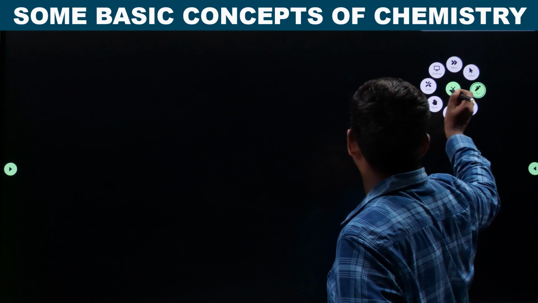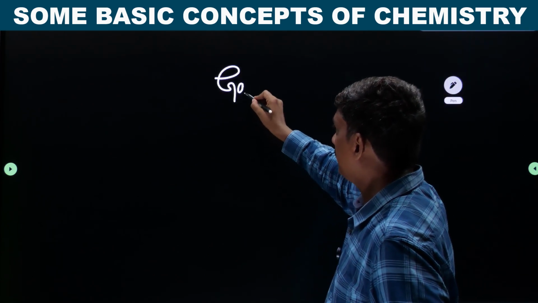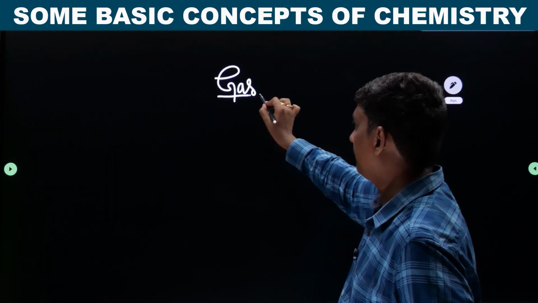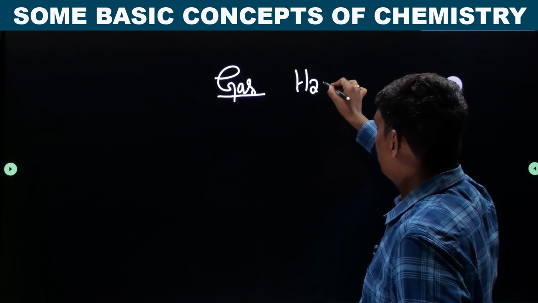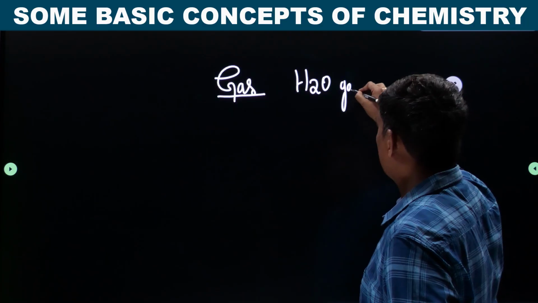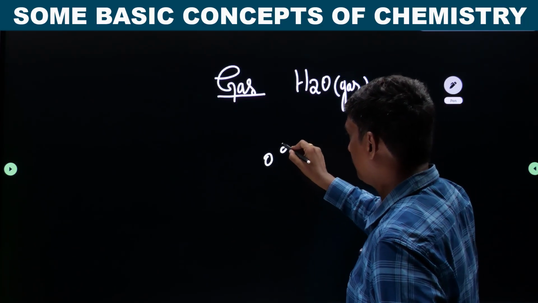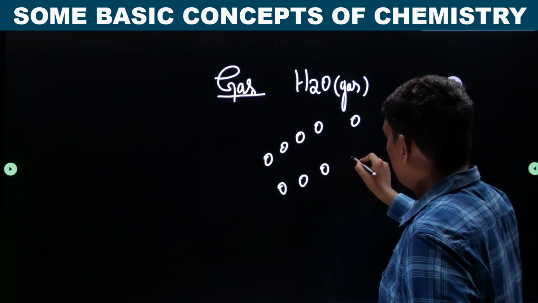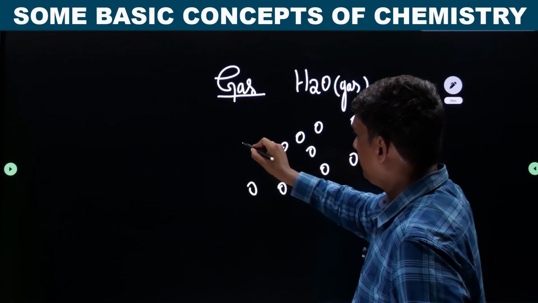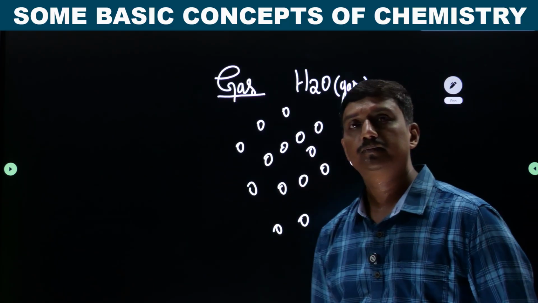Then if you take another state, gas, that is water as usual, water gas, this is called vapors, we can say. Just observe, I'm writing. Can you find any difference in the arrangement of the molecules?